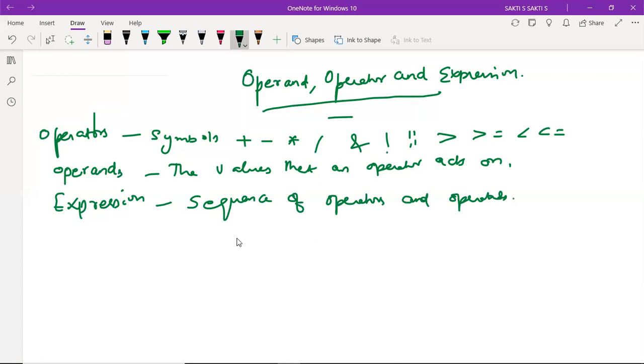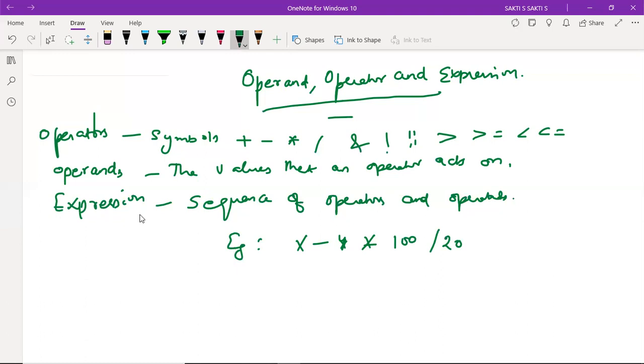For example, x minus y multiplied by 100 divided by 20. I have the value of x, then the value of y, and then I'm forming an expression. So the whole lot of different operators and operands together makes up an expression.